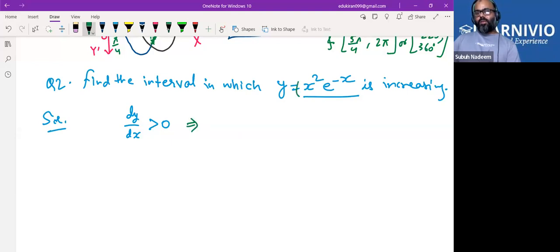So this is one function x square, this is another function e to the power minus x. So first function into derivative of e to the power minus x is minus e to the power minus x, plus e to the power minus x into derivative of x square is 2x. So this derivative is finally greater than 0. Now you have to further solve it.